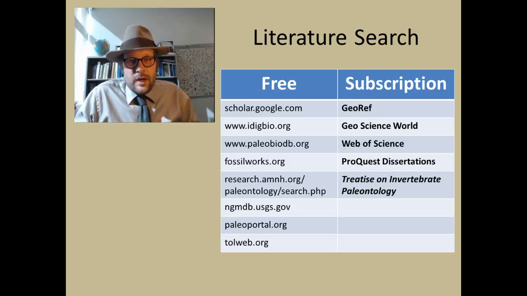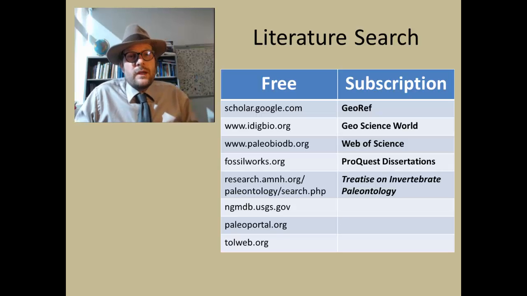So I'll talk about each one of these. And then I'm going to talk about subscription ones, and these are subscriptions through the university library. And these are ones that some of these USU has and some of these they don't, but a lot of universities will have these subscription services. And I'll show you what these are, and they can be very helpful in finding resources to help you identify that fossil that you've discovered.